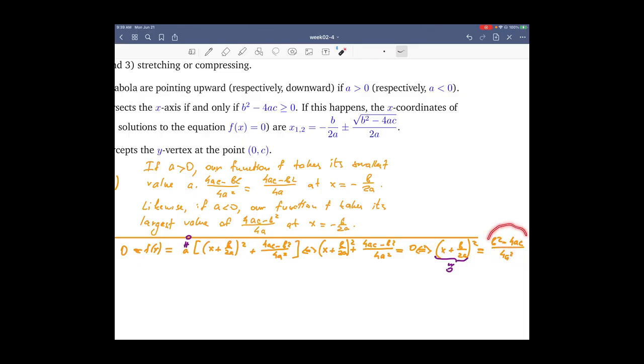So the entire fraction will be non-negative if and only if the numerator is non-negative. And we immediately see that if b squared minus 4ac is negative, so the entire fraction is negative, this equation will not have any solutions. A non-negative number cannot be equal to a negative number. That is the first observation.